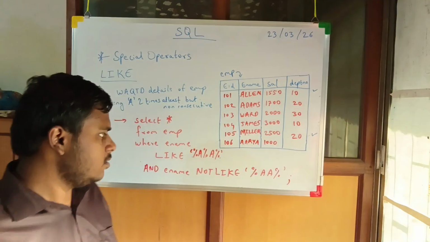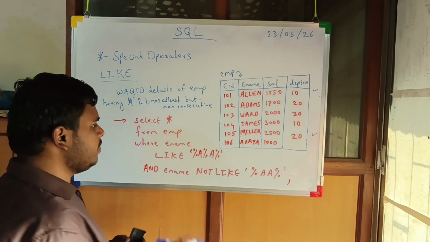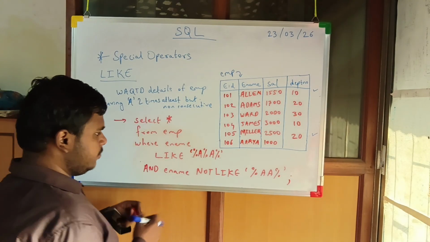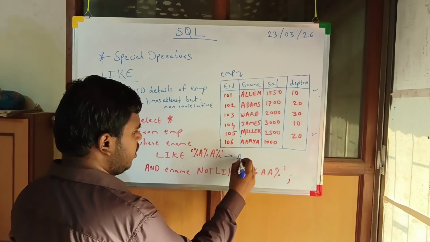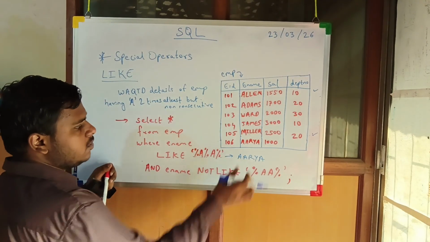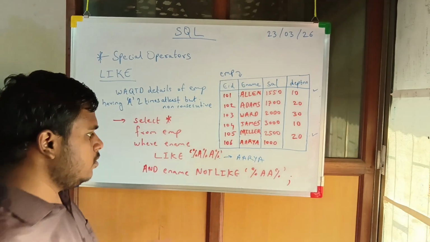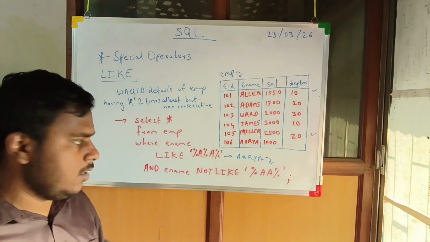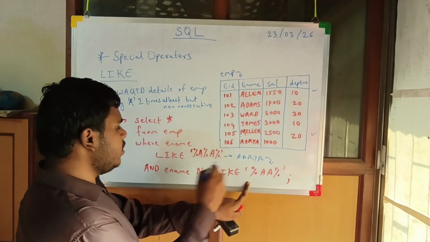Sir, why this? Suppose it accepts the name Arya. The first condition takes the name Arya. Now your consecutive A is there, I need to skip it. Now when we look at this, if your pattern is matching, it will reject the value.